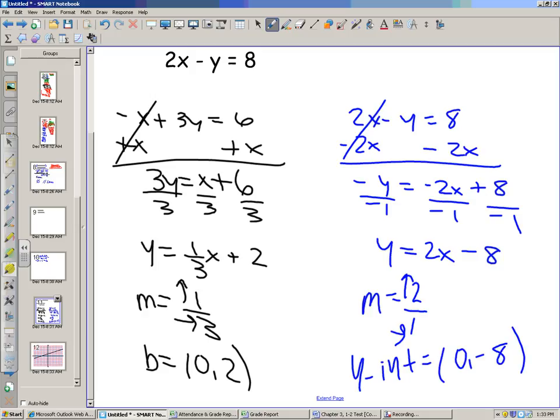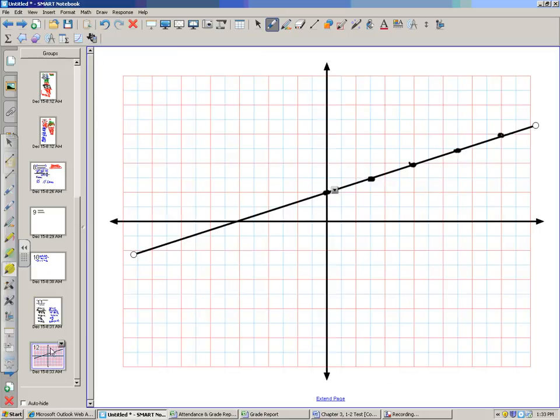Okay. So now I'm going to go back to my graph. And I'm going to plot the point 0, negative 8. 2, 4, 6, 8. I'm going to go up 2 units to the right 1, up 2 to the right 1, up 2 to the right 1, and I keep doing that until what? Bam! I hit my intersection point. It is a point on both of them already.